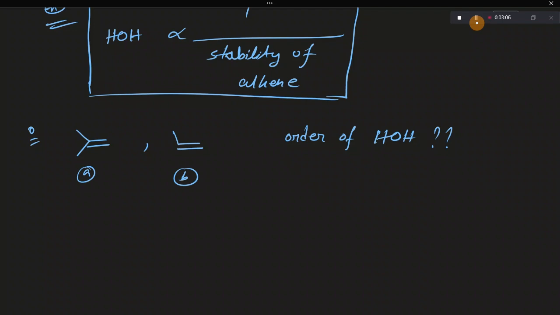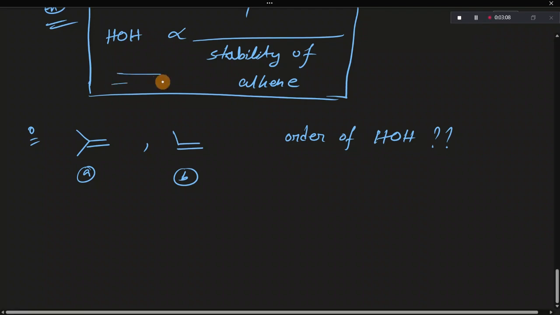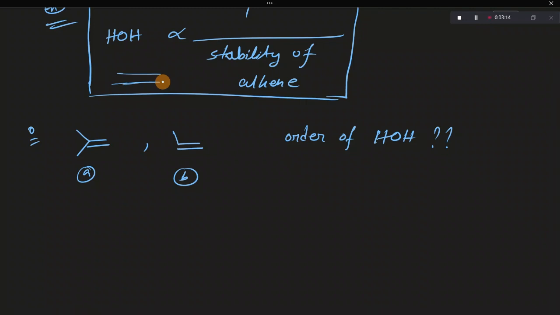A and B. Now for this, firstly, we have to consider the stability. We are going to use this relation. So to find the stability of alkene, we need to count the number of hyperconjugation. Here, 1 and 2 alpha carbons are present, and each carbon has 3 alpha hydrogens. So total 6 alpha hydrogens are present. That means hyperconjugating structures are 6. And for this structure, only 1 alpha carbon is present.